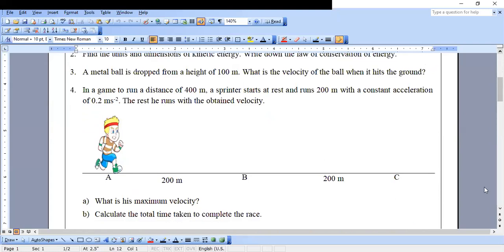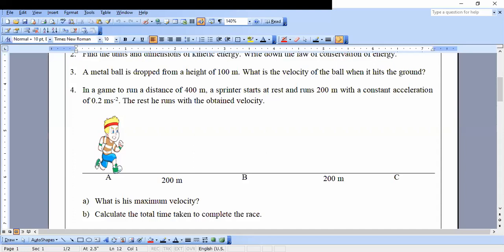Question number 4. In a game to run a distance of 400 meters, a sprinter starts at rest and runs 200 meters with a constant acceleration of 0.2 meter per square second.